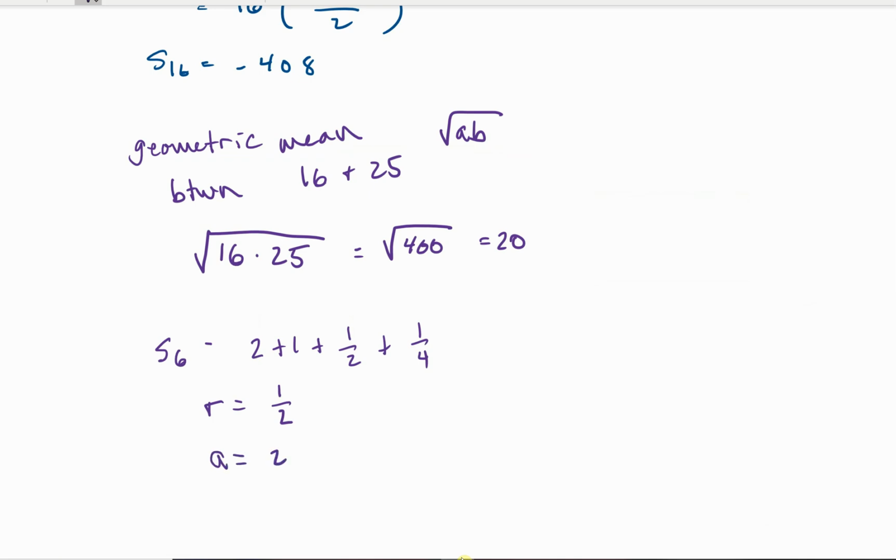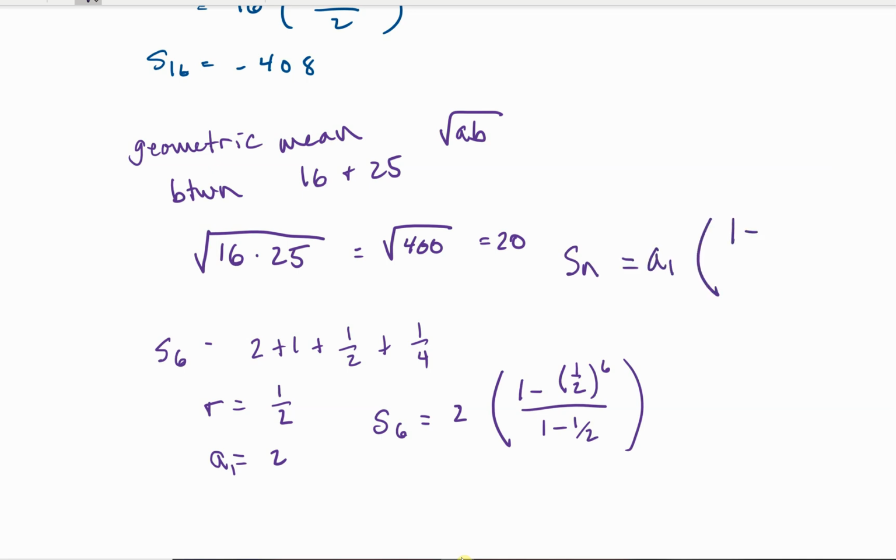A1 is 2. So the sum here is going to be 2 times 1 minus 1/2 to the 6th divided by 1 minus 1/2. It's always going to be Sn equals A1 times 1 minus R to the n over 1 minus R.